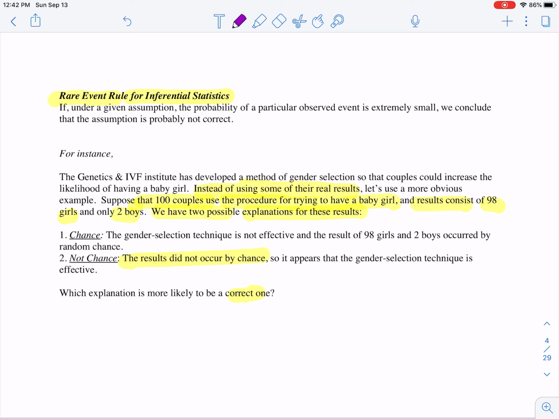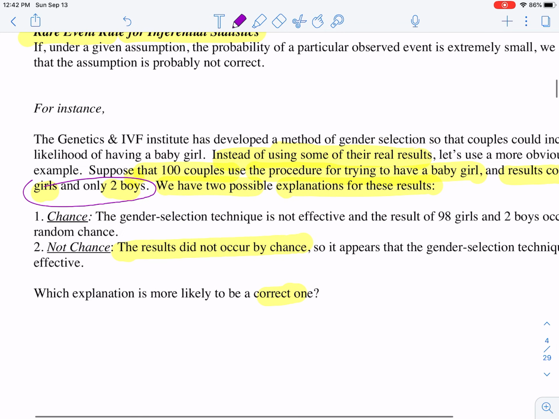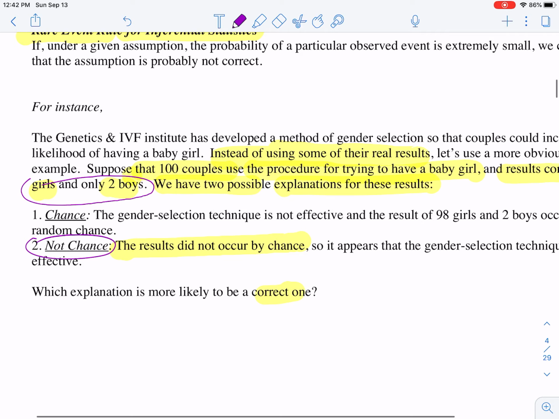As a matter of fact, in chapter 5 we can look at the theoretical model of this and calculate the exact probability of an event that consists of 100 births with the outcome of 98 girls and 2 boys, and it is extremely small. It's way less than 1%. So the explanation we're going to go with is that the result did not occur by chance, right?